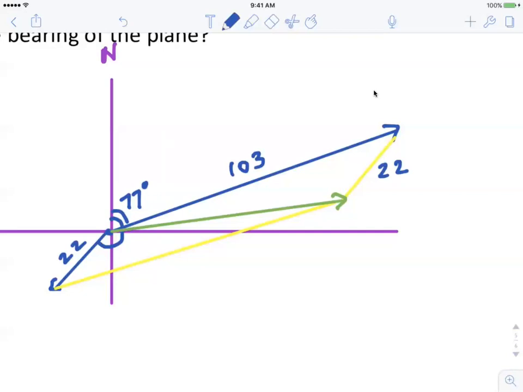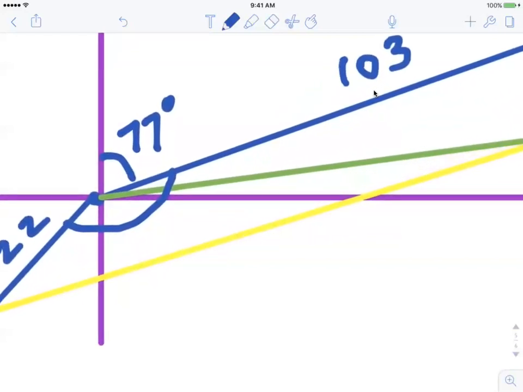In this parallelogram, what would be helpful is to find this angle from here to there. What is that angle? You can do this in a couple of ways. If you think about it, it's three angles together: this angle, that angle, and that angle, all added together.